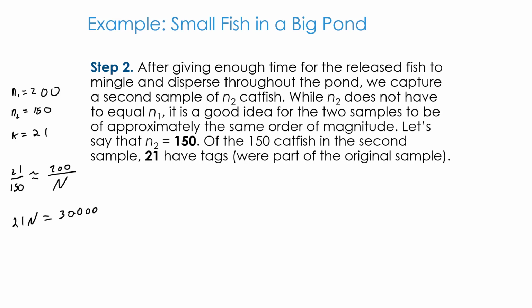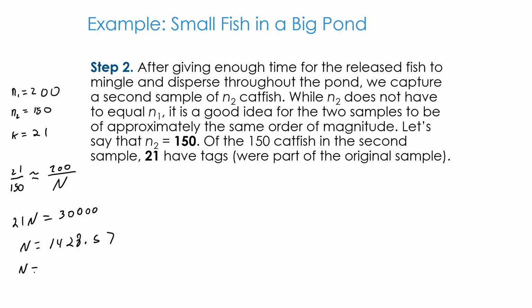When we take the 30,000 and divide it by 21, we get that n is equal to 1428.57.